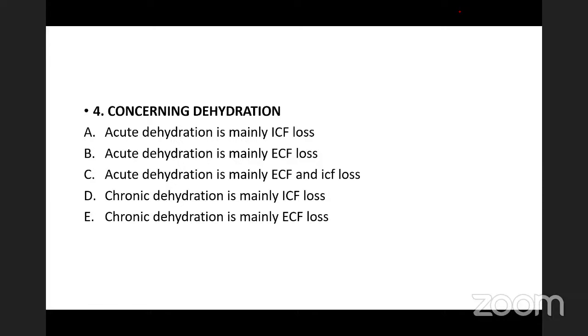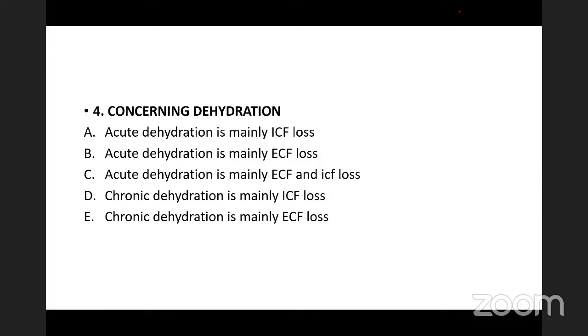While if a patient is having chronic dehydration, you do not replenish that rapidly, because if you attempt replenishing that rapidly, the patient will develop central pontine demyelinosis. The patient may also develop fluid overload. So it is very important you know that fluid replacement is done slowly in chronic dehydration. Okay.